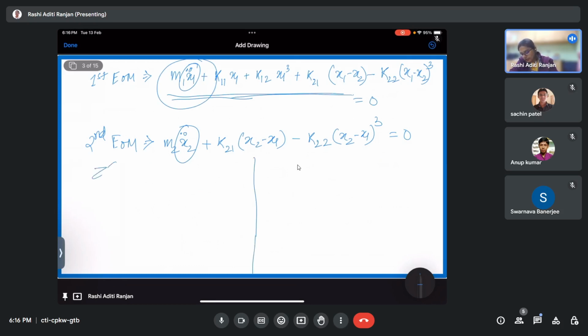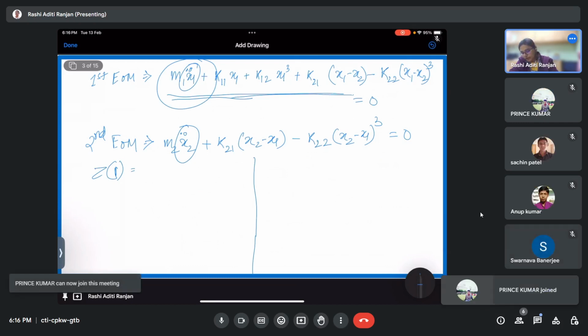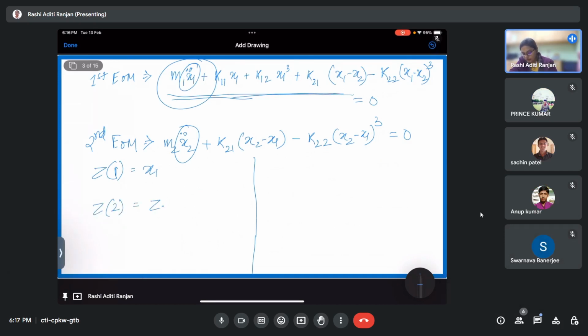I'll define Z1 as x1. Then I'll define Z2 as Z1 dot, which is equal to x1 dot.